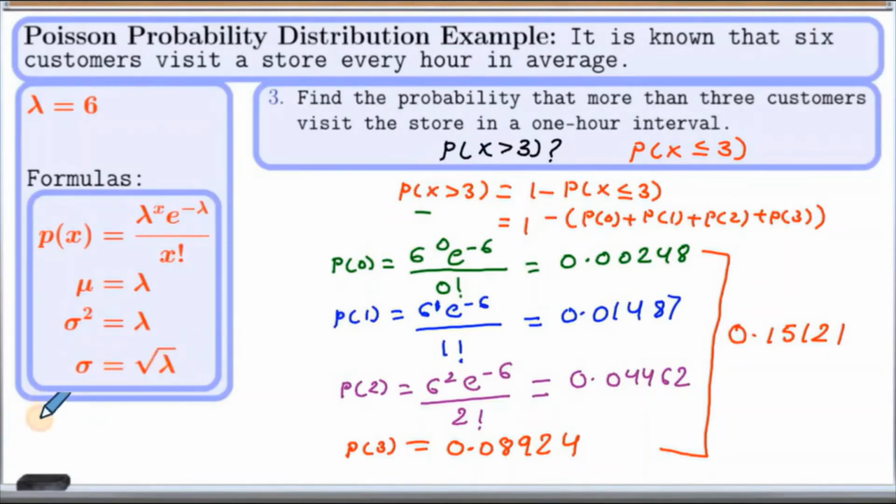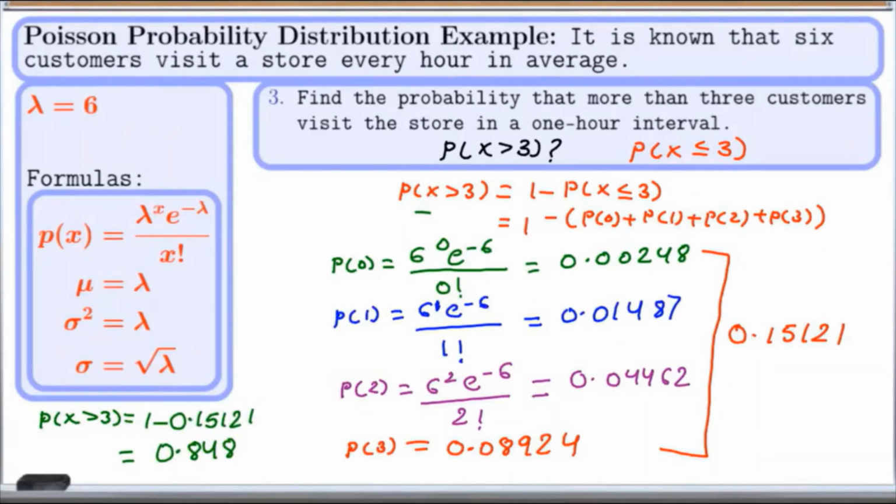So that would be 1 minus this here, 0.15121. So 1 minus 0.15121 is 0.848. So basically, the probability that more than 3 customers visit the store in a 1-hour interval is 0.848.